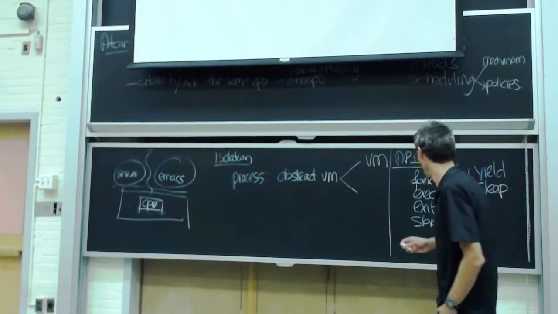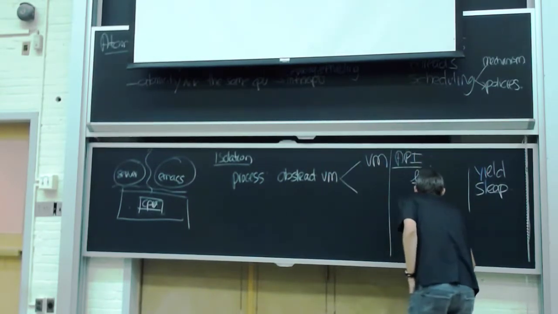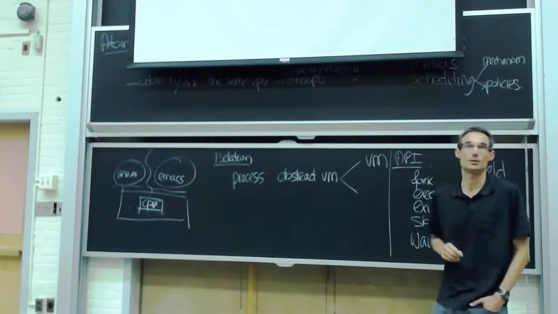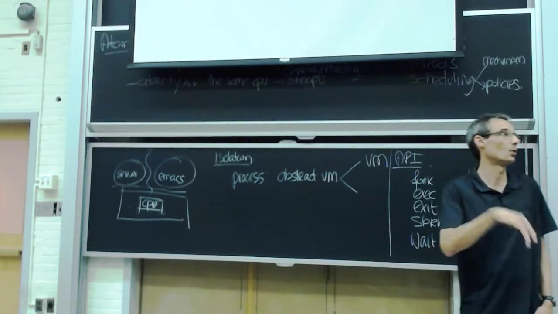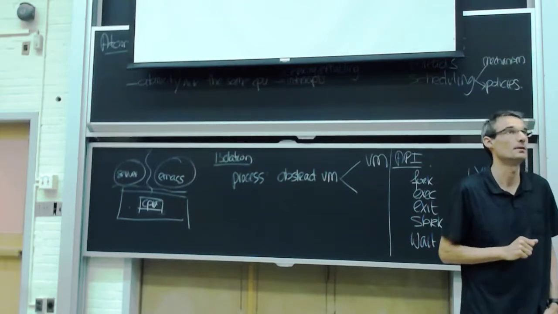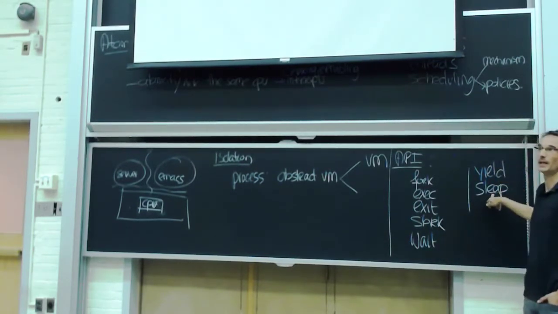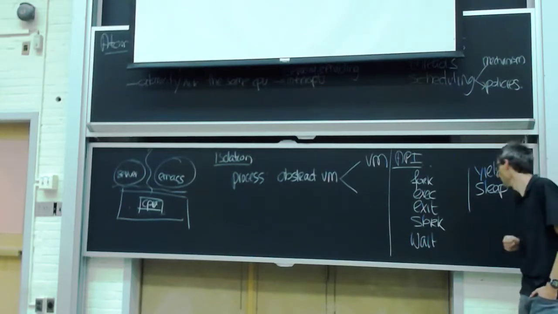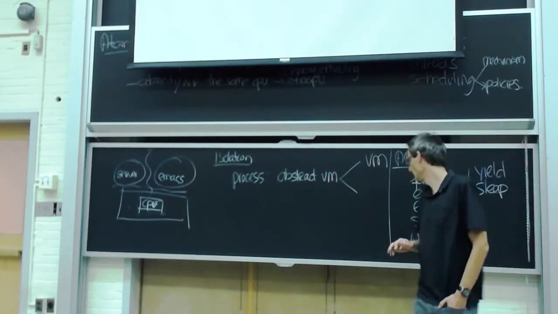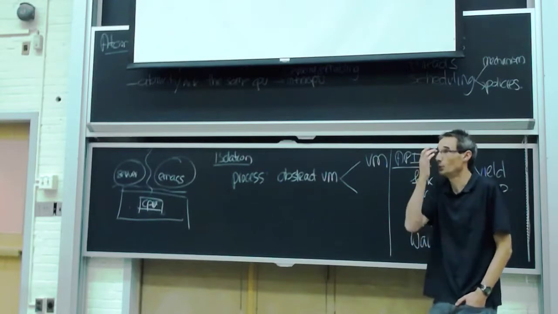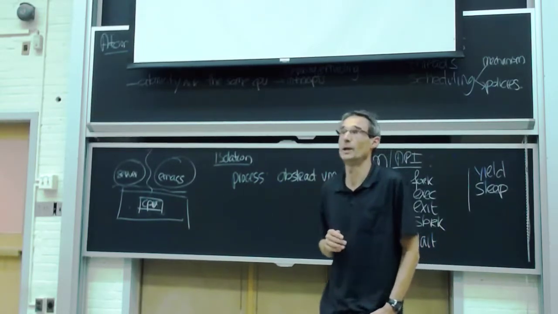Yeah, wait. You can explicitly wait on another process, and this is very common, where the parent wants to wait on the child until it's done before it proceeds. That's clearly implemented with some mechanism like sleep, but we're going to talk about that next week quite a bit in detail. This is quite an interesting topic.